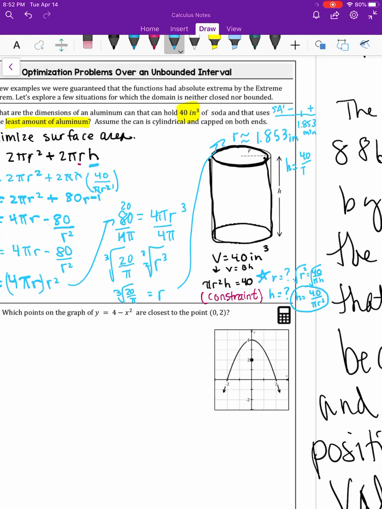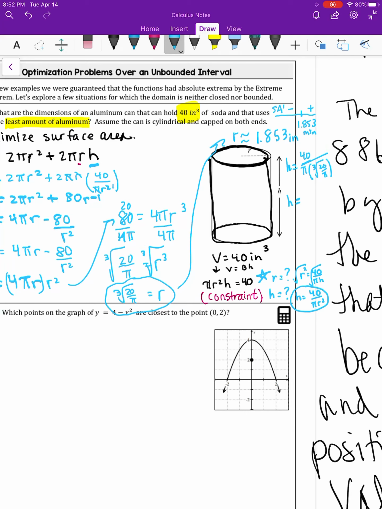So if our radius is 1.853, I can go back to that h equals equation. h equals 40 over pi r squared, and remember, always put your exact value in so that when you do that in your calculator, you're not rounding it 2 times, because then you get further away from your answer.